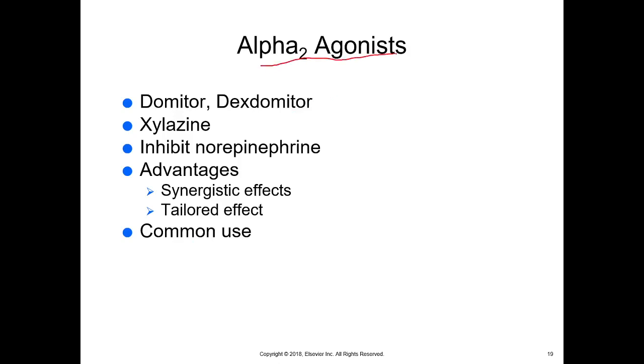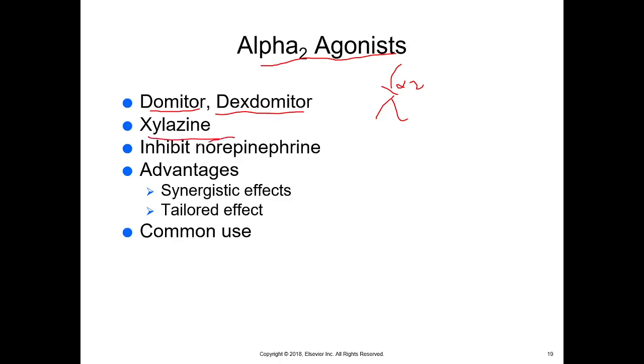Alpha-2 agonists. These guys work because it's an agonist. It's going to work on natural receptors in the cell, not opioid receptors, but alpha-2 receptors. Alpha-2 receptors work in the sympathetic nervous system, and they have very specific things that they do to the sympathetic nervous system. Some examples would be Domitor, dexdomitor, and xylazine.